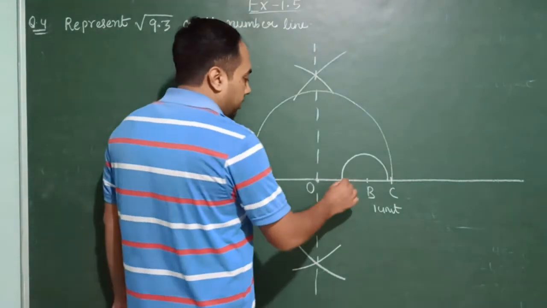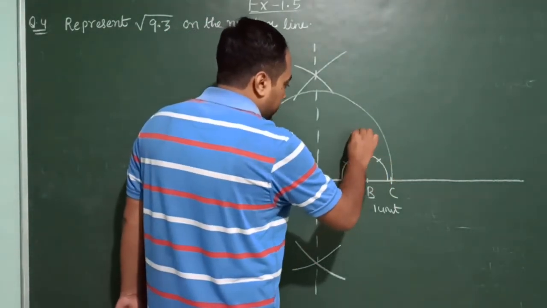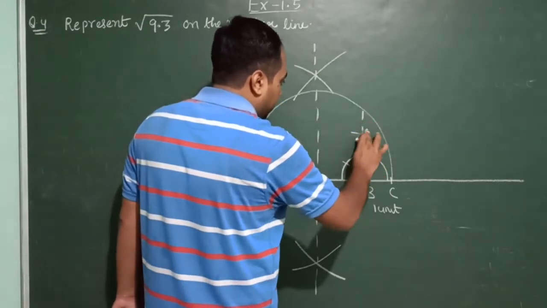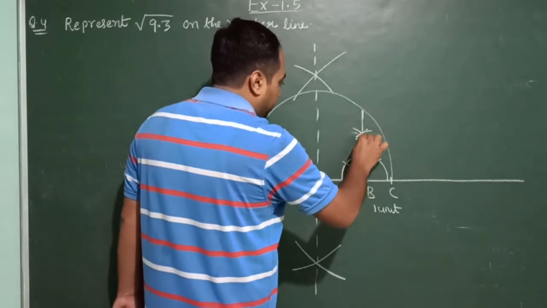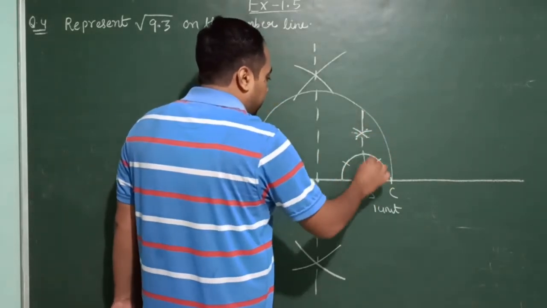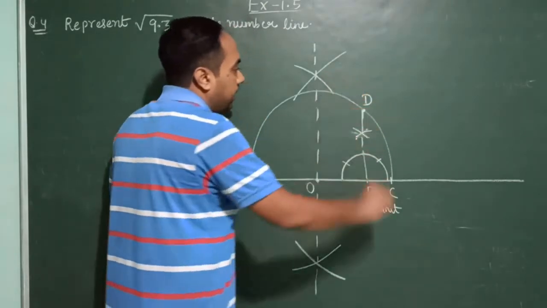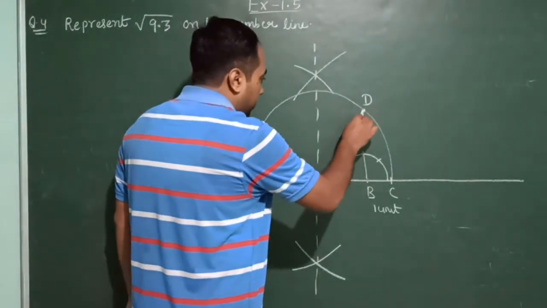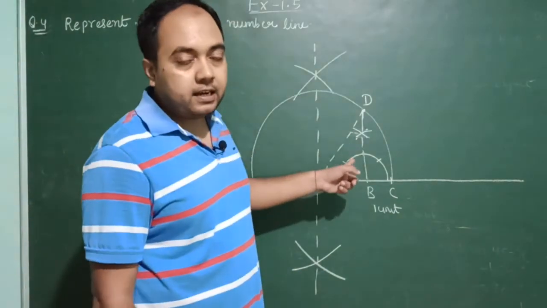Now cut an arc over here, over here and join them. Okay, like this. The point where this perpendicular meets the semicircle is D. Also join OD. This OBD is actually a right angle triangle.